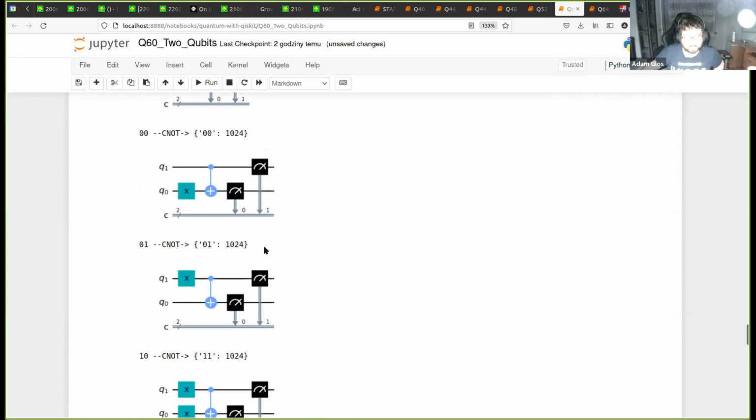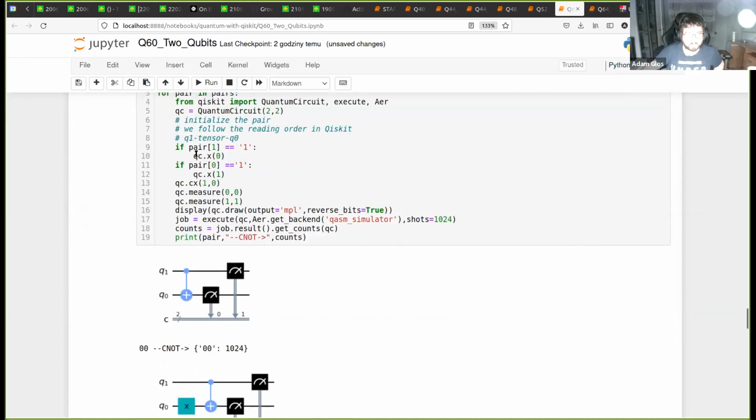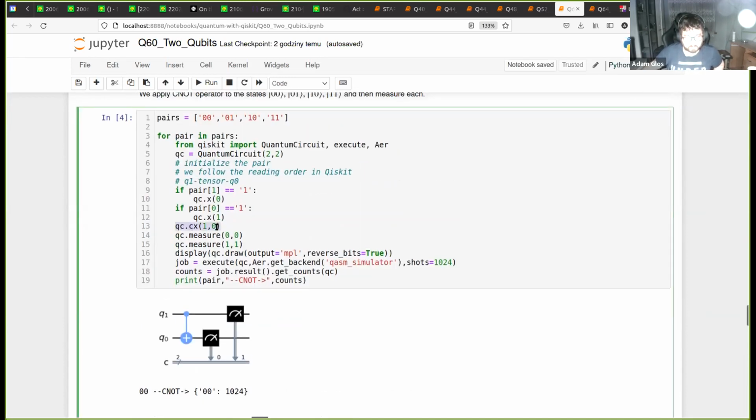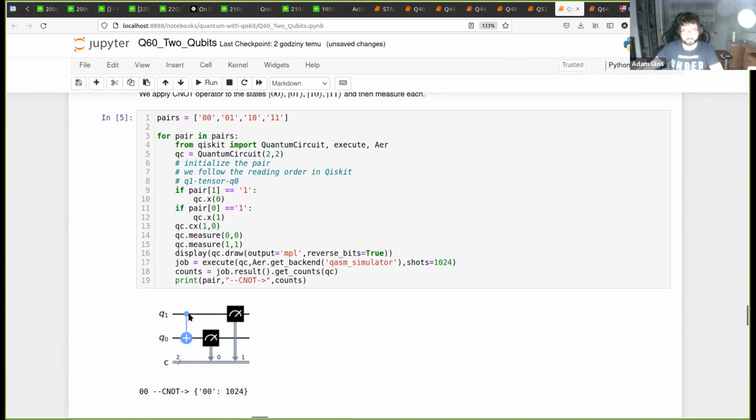By the way, I forgot to mention this, sorry. CX is implemented like this, where here it is the target, and here it is the control qubit. And it is visualized like this.